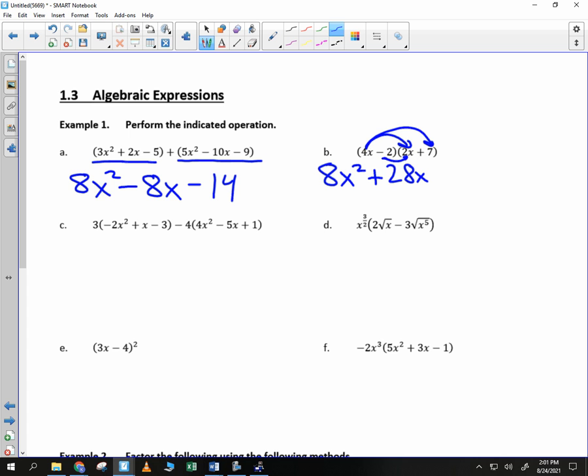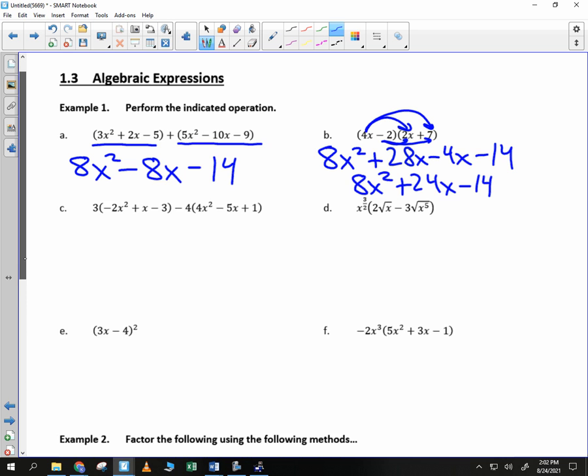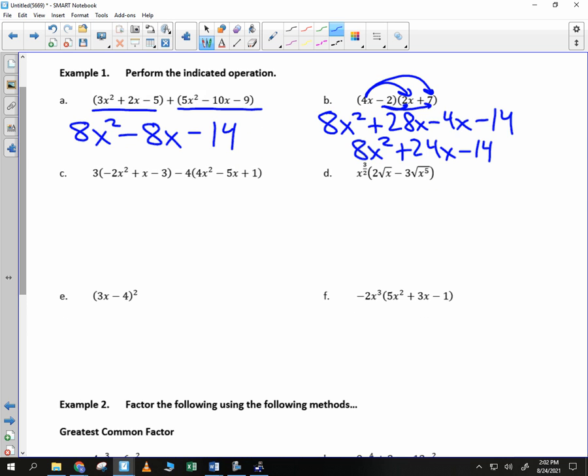Move along to the negative 2. Very good. I get negative 4x. And then negative 2x. Good. Am I done? No, you can simplify it a bit more. You can combine together the like terms. 8x squared plus 24x minus 14. What would you do for letter C?